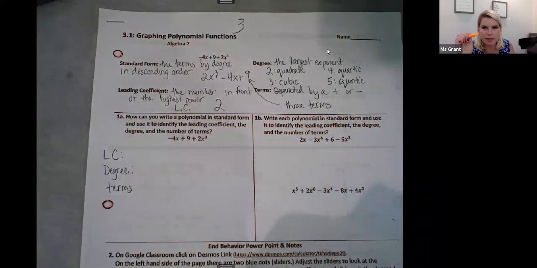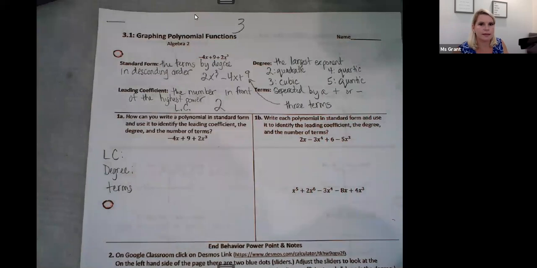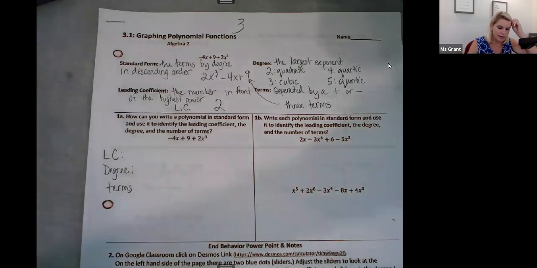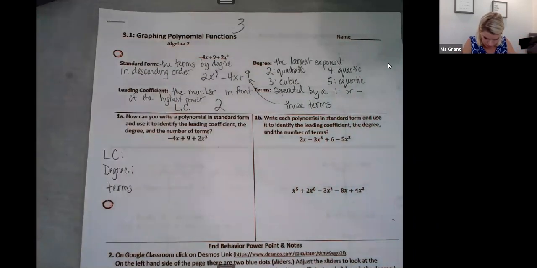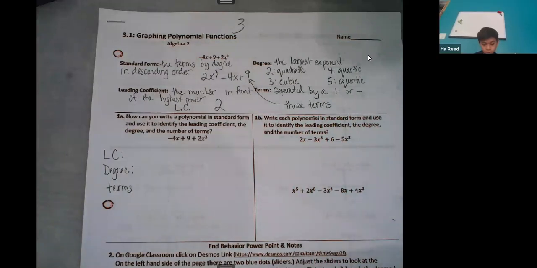Daniel, give me the standard form. Reed, give me the leading coefficient. Aaron, give me the degree. So was it Reed, Daniel, Aaron? Yep, it was. Okay. Reed, standard form, please. Two x to the third minus 4x plus 9.